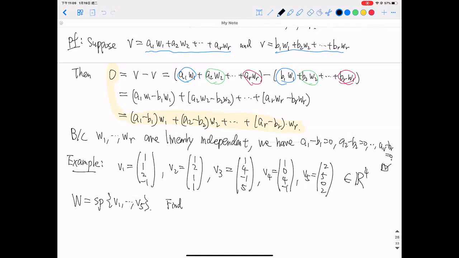If they are not linearly independent, maybe we can throw out some vectors to get a linearly independent subset. Okay, so the question now is to find a subset of V1, V2, V3, V4, V5 that's a basis of W.